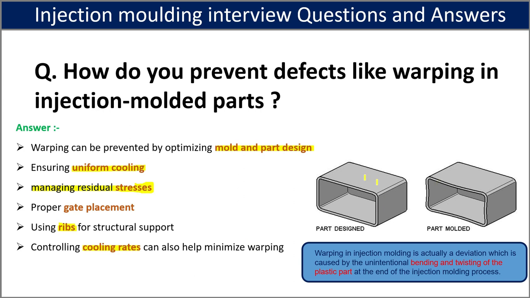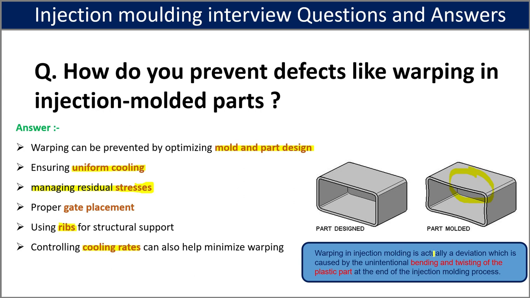Okay, so here you can see what warping is. This one is the design part, and after the manufacturing of the part you can see that there is a deformation, or a bending of this wall. So this is called the warping defect.